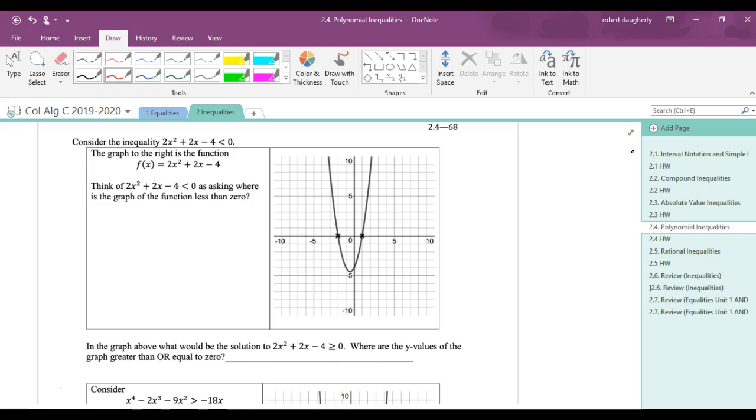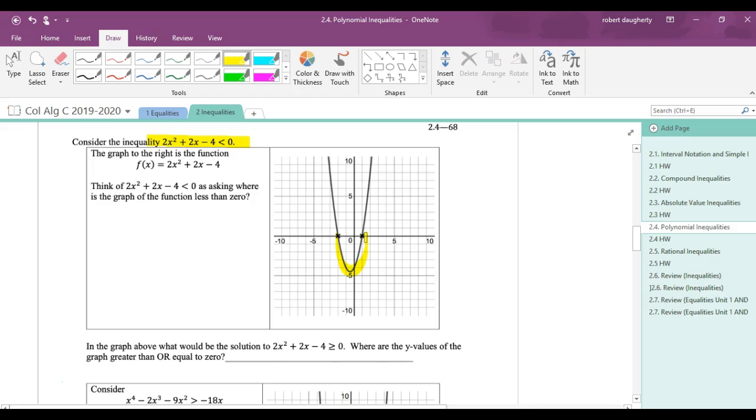So I'm being asked to figure out, they're asking me to find out, when is this thing less than 0, okay? So on the graph, you can highlight, what are they asking me to find? What part of the graph are they asking me to find? The part that is below the x-axis. So they're asking to say, what is the interval that goes from there to there, okay?